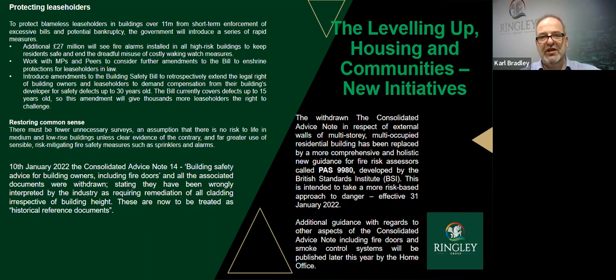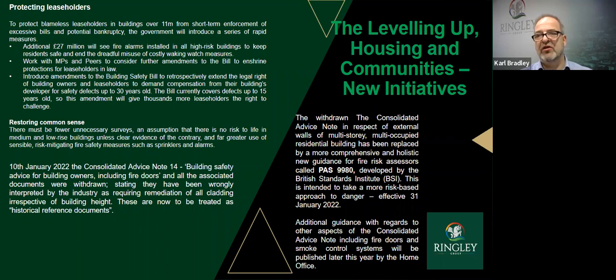So having withdrawn the amazing, well-written Advice Note 14, the building advice for building owners, including fire doors and all the associated documents that were withdrawn on the 10th of January, replaced with PAS 9980. So from January of this year, fire risk assessments should include comments regarding the external envelope of the building and whether this is a risk, informing the fire risk assessment.